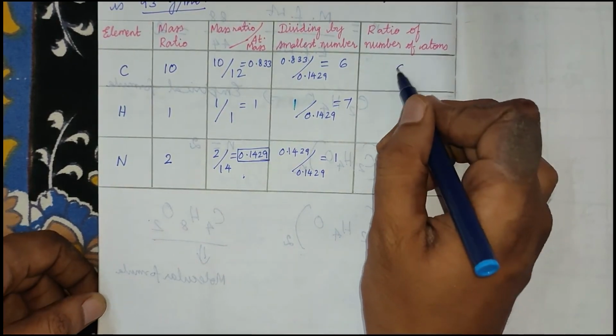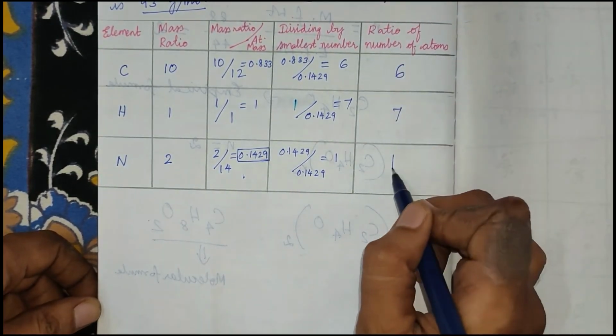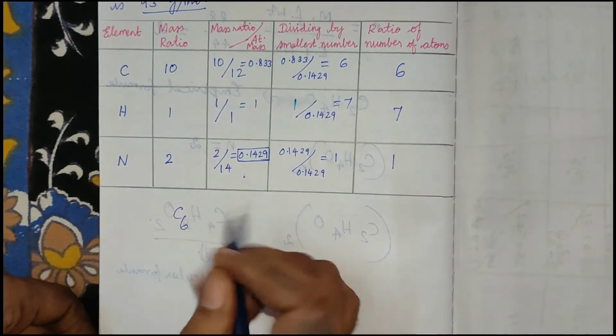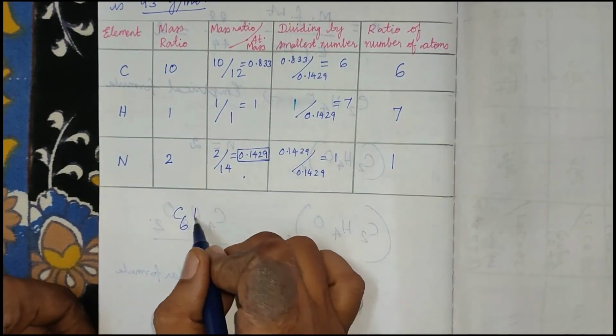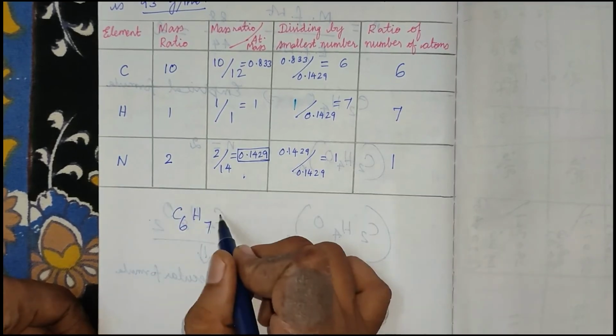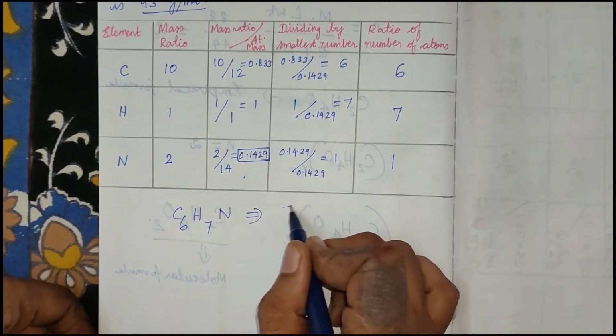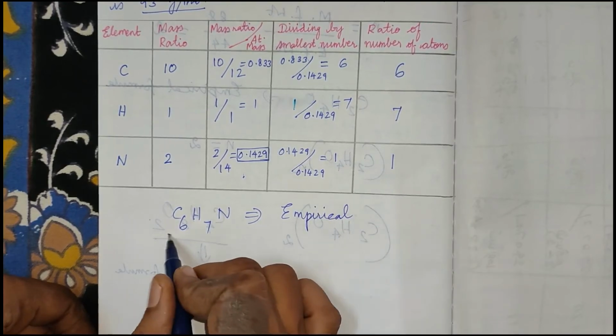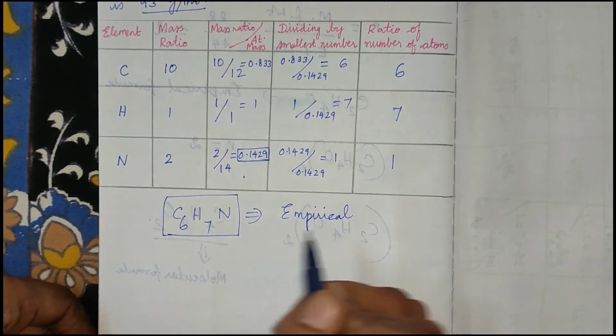So the ratio is going to be 6, 7 and 1. Now the number of atoms of carbon is 6, hydrogen is 7 and nitrogen is 1. So the empirical formula in this case is going to be C6H7N n times.